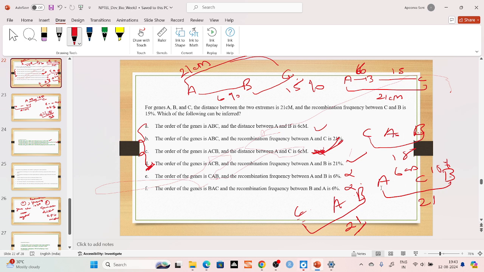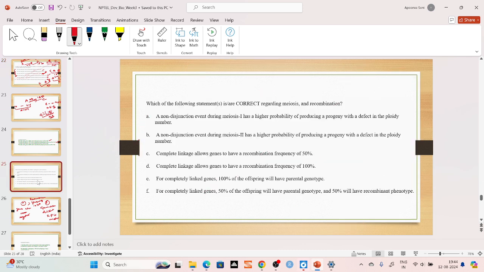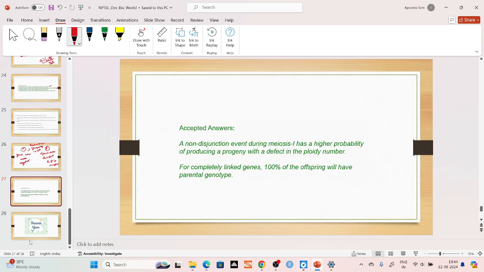That means these two genes are closer together. So recombination frequency indicates the distance between the two genes on a chromosome. It can be used in genetic mapping, because the greater the recombination, the more the distance.